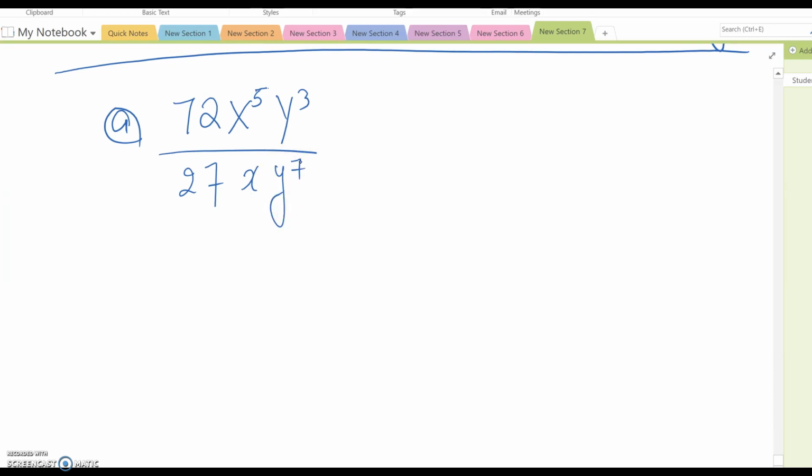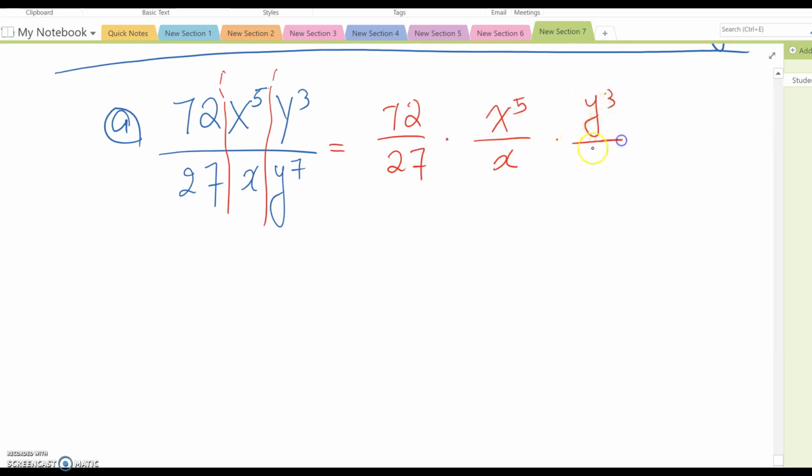Okay, how many different factors do you see? I see a total of 6: these two are numbers, these two are x, those two are y. So I'm going to simplify the same-character factors with each other. So 72 over 27, x to the fifth over x, y cubed over y to the 7.